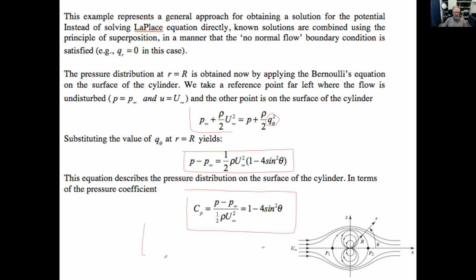So if you try to plot that, with 1, 0, minus 1, minus 2, and minus 3, then this behaves very much like a sine squared, and this would be the pressure distribution somewhere here. Something like that, okay? And actually it is plus here. So there is pressure, which you're going to see in the next slide.